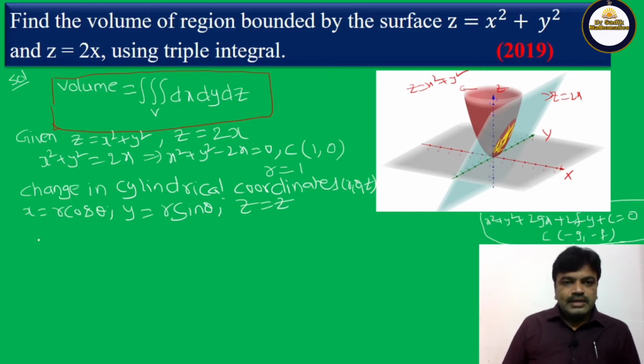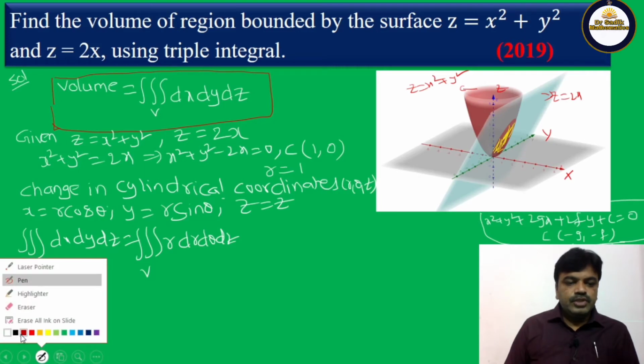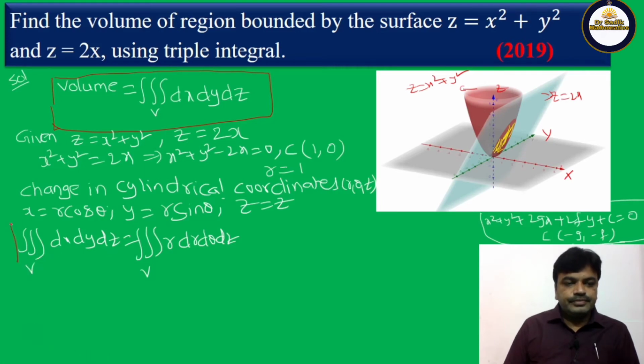Now you write this triple integral over V dx dy dz equals triple integral over V r dr d theta dz. Now you highlight the formula. What about this r, friends?